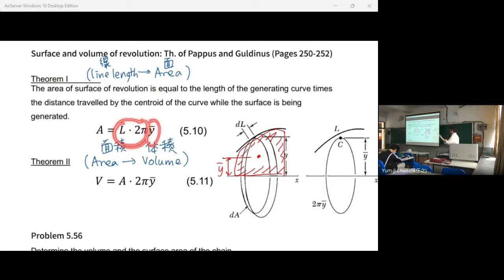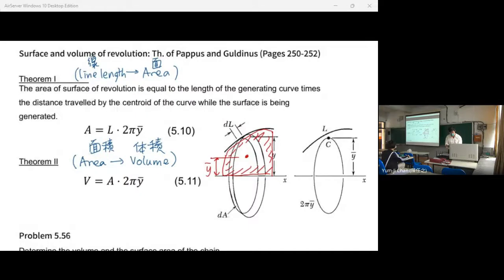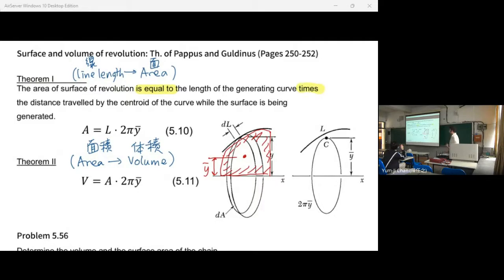So in English we will say: the area of surface of revolution is equal to something times something.